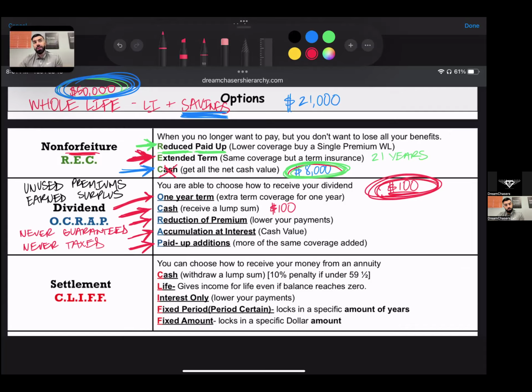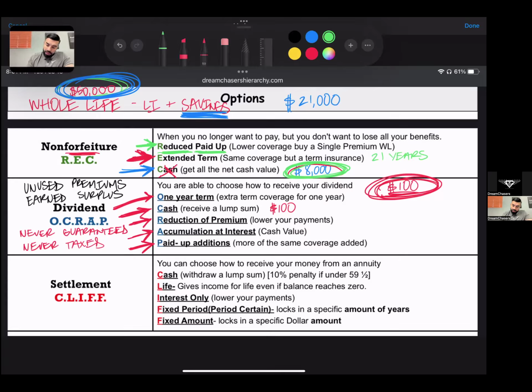So let's say, once again, your policy is $200,000 of coverage. That $100 purchases another, let's say, $6,000 of coverage. So now your total coverage is 206,000, okay, for the remainder of you having that policy. So those are the five different dividend options that you have.